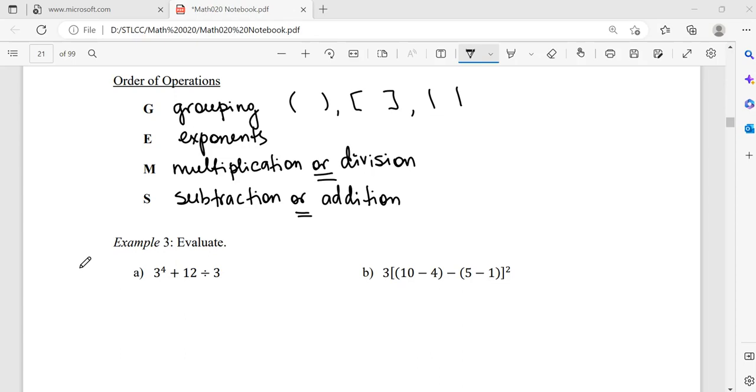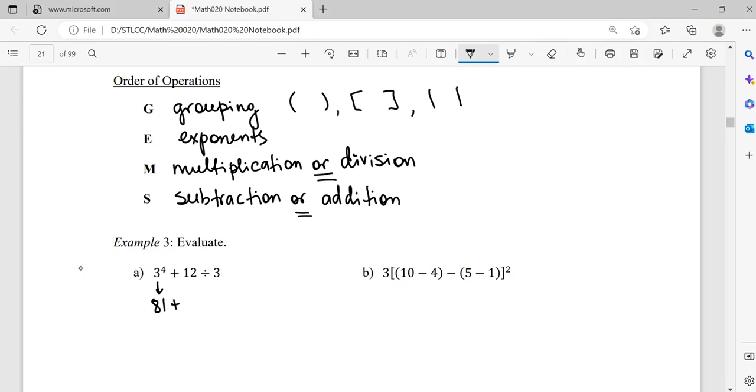We do not have any parentheses, so we do not have any grouping symbols. The next question to ask yourself: do I have an exponent? And the answer is yes. Because we have an exponent, that operation is going to get done first. So we're going to evaluate 3 to the power of 4, which would be 81.